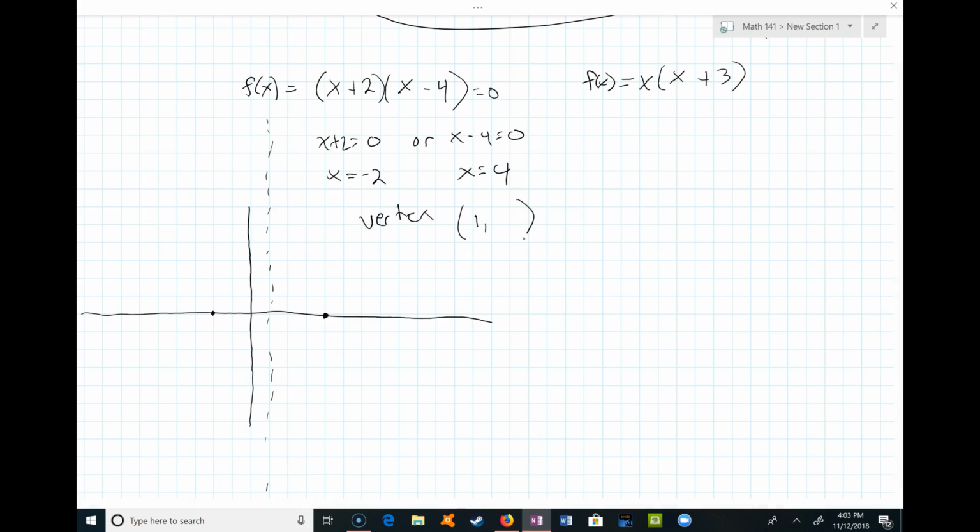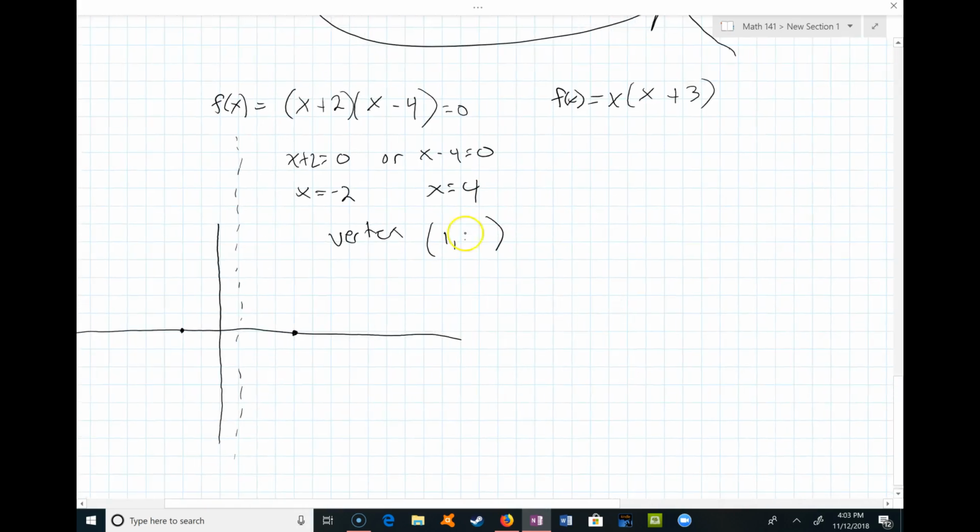So we know the vertex is located at 1 comma something, because it's somewhere on the line of symmetry. And if we have an x coordinate, we can always find the y coordinate, because the x is the input, and we get the y coordinate from the output. So all I need to do is find f of 1, which means plugging 1 in here. The vertex is located at 1, comma, if I plug a 1 in there, that would be 3. Plug a 1 in here, that would be negative 3.